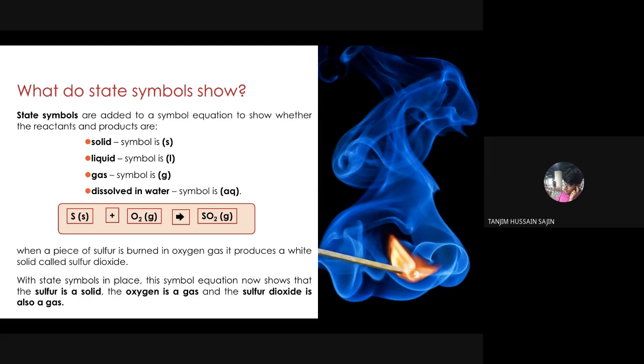Yes, sir. So in that reaction, can anyone tell me the state of sulfur? Solid. Okay, so sulfur reacts with gaseous oxygen to form sulfur dioxide, right? So what's the state of sulfur dioxide? Gas. Okay, thank you very much.